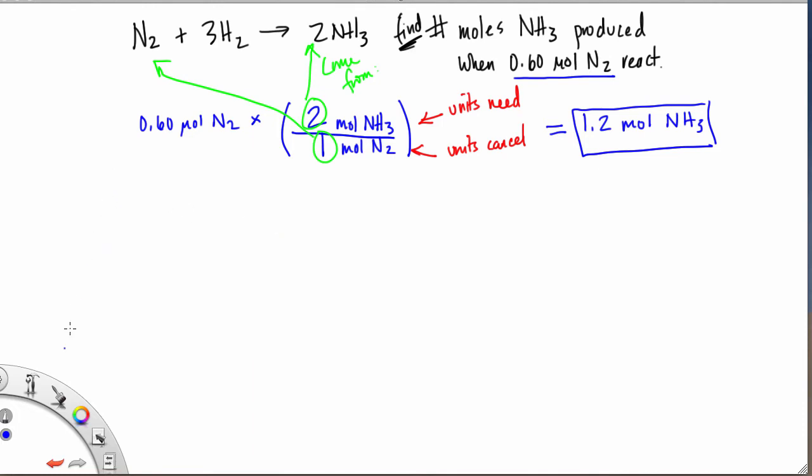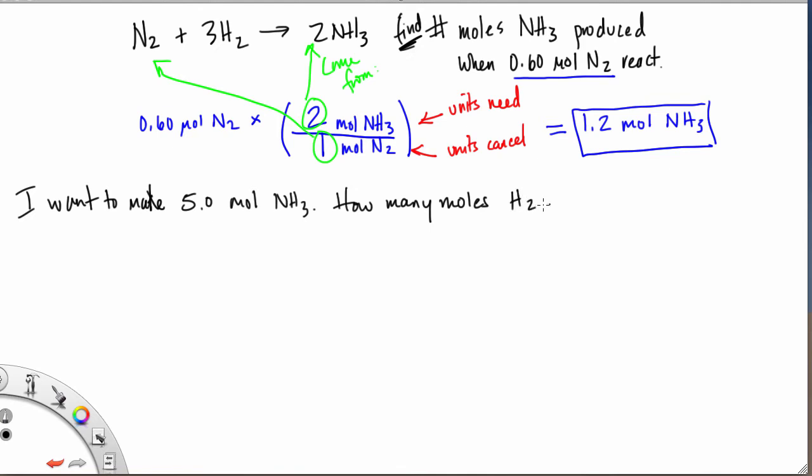Let's say that in my problem, I want to make 5 moles of ammonia. How many moles of hydrogen do I need?